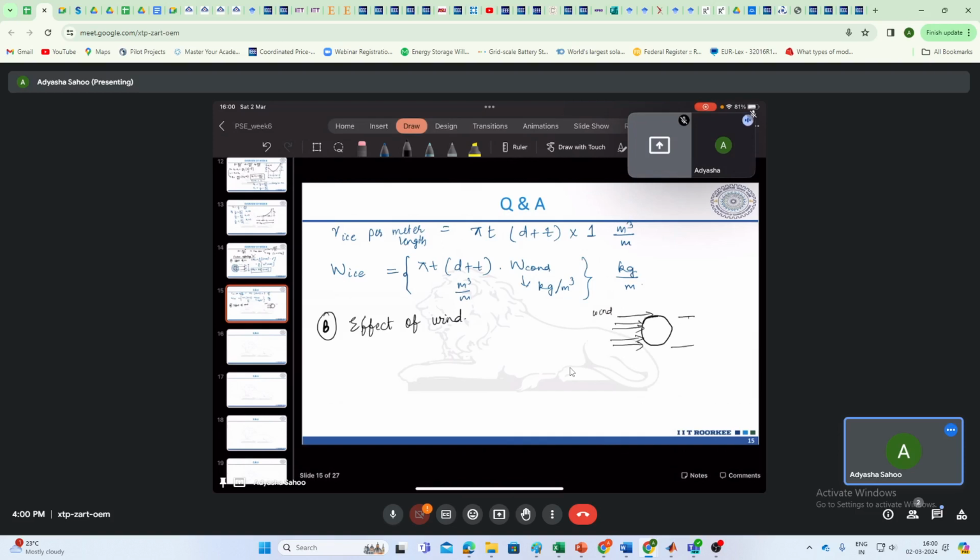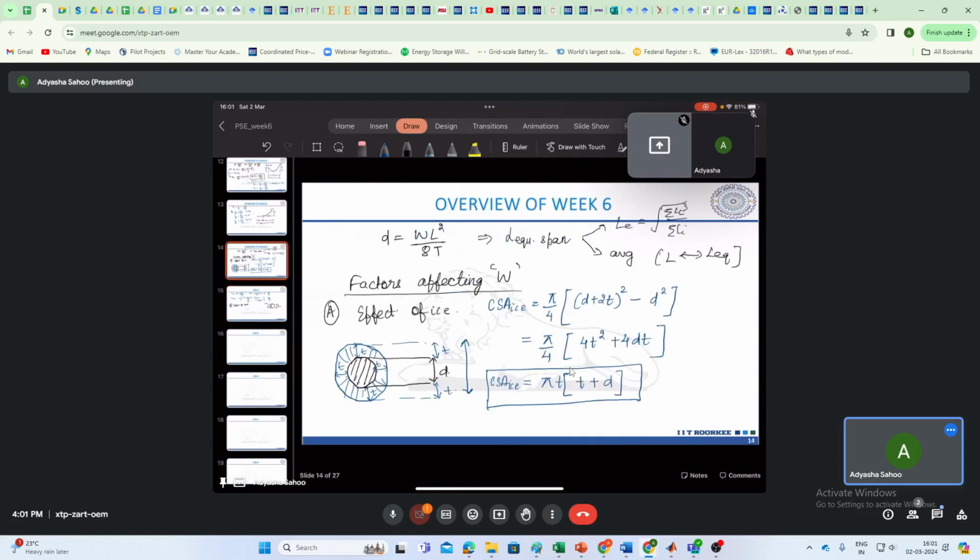So this is your conductor diameter D. Don't confuse this with sag. Basically, from here onwards, this D is conductor diameter. D conductor. Here also this is D conductor. Okay, I hope this is clear.